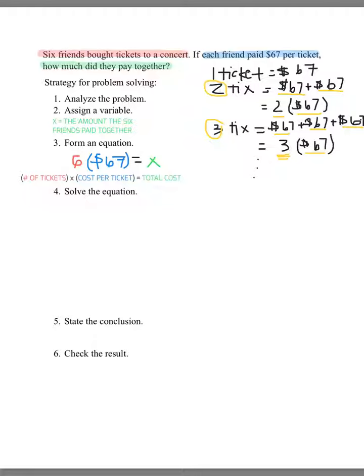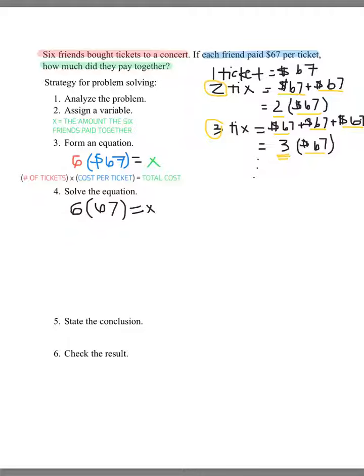So there we go. And this is going to be the equation that we're going to be using for this problem. Now that we have our equation formed, we're going to go ahead and solve our equation. When solving the equation, you always want to start off with the original equation found in step 3. So 6 times 67 is equal to x.